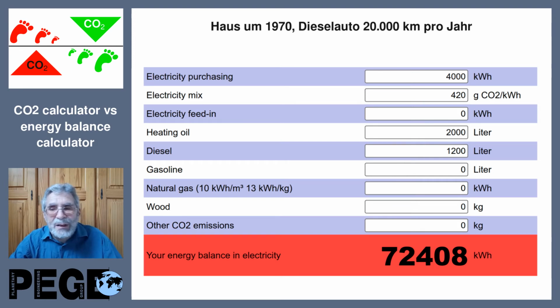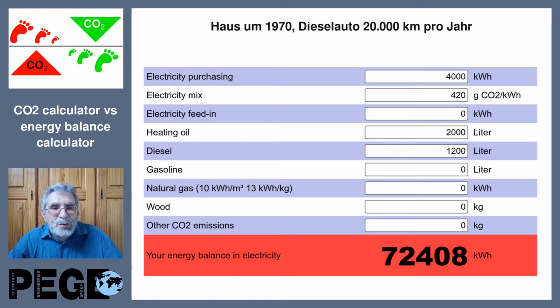The electricity mix is the actual CO2 emission from Germany per kilowatt hour in average. This can be very different on different hours of the day or within the year. There can be very sunny days, very windy days where it goes down, and there can be dark days without wind when it goes much up.